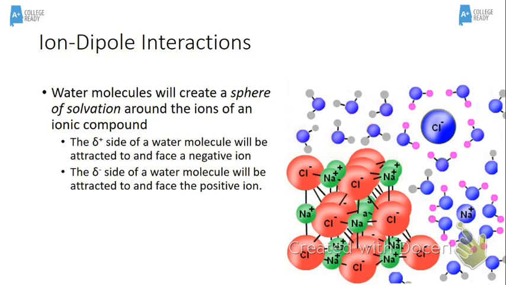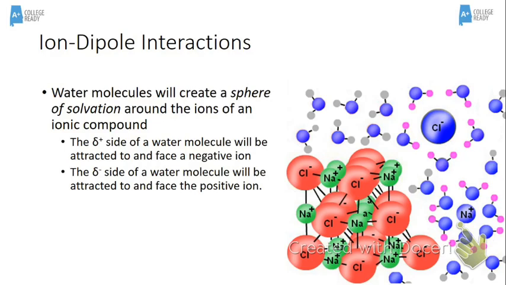Ion-dipole interactions occur when we have water molecules interacting with ionic compounds. Your water molecule will orient itself around the ion in what we call a shell of solvation, and this shell of solvation will point in the direction of the charge.